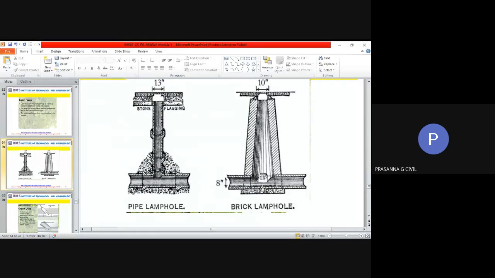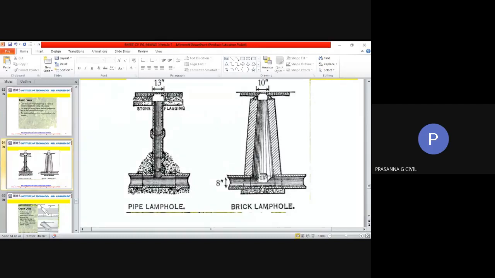So a lamp hole is a very simple device which can be called a special opening, constructed to join a hole in the sewer and the ground for the purpose of lowering a lamp inside the sewer. A lamp hole may be either a vertical concrete or stoneware pipe with a T-junction.